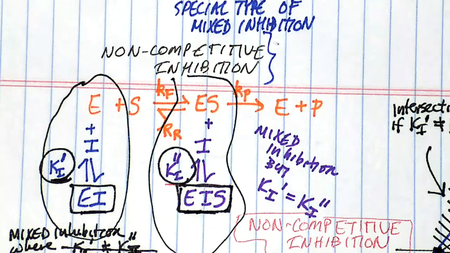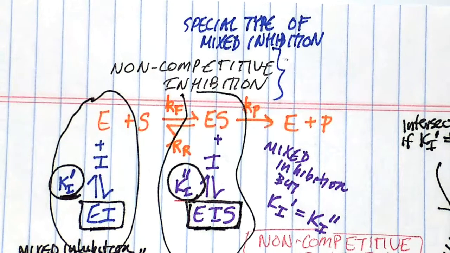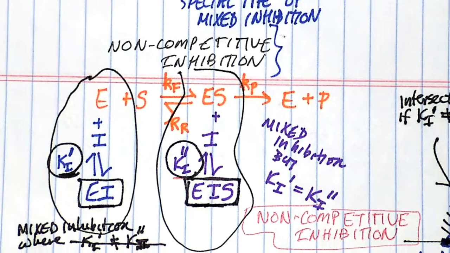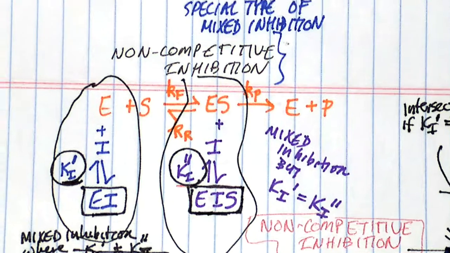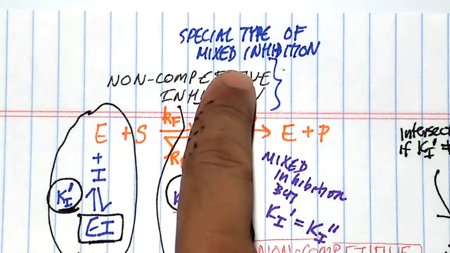Your PowerPoint slides have a couple of examples of mixed enzyme inhibition. Cyanide inhibiting the electron transport chain is another example. Azides. Some metals are mixed inhibitors. But anyways, the key point is, non-competitive inhibition is a subset of mixed inhibition.